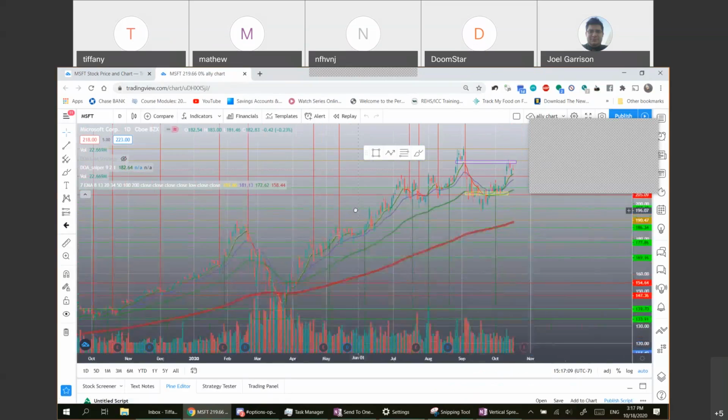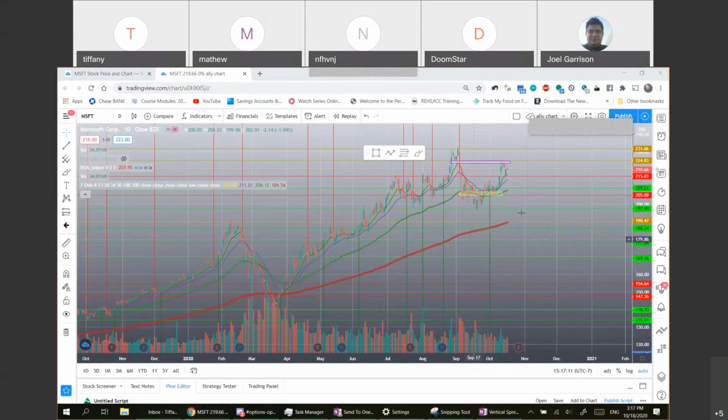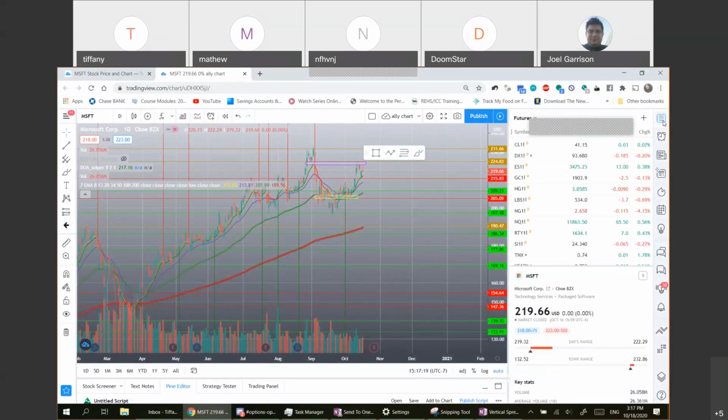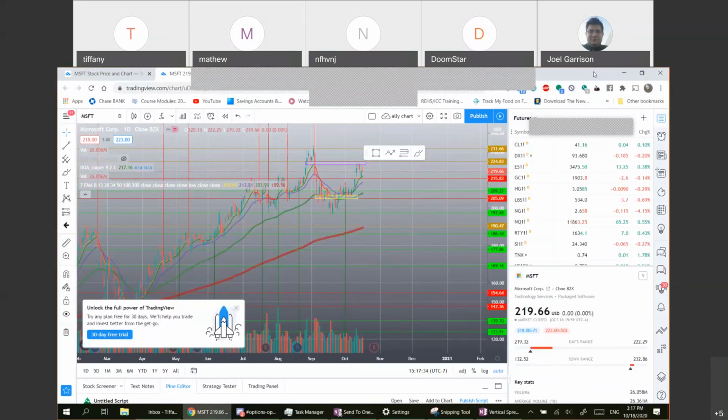So this is Microsoft. If you were bullish on Microsoft, it ended the week at 219.66, so let's say 220. If you're bullish and you think Microsoft can go further, what type of strikes do you pick?